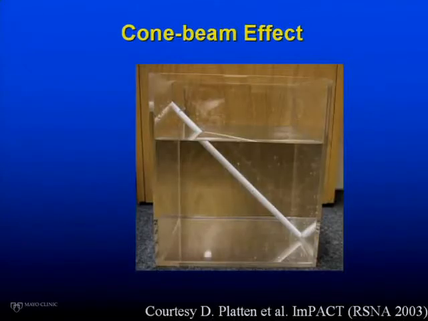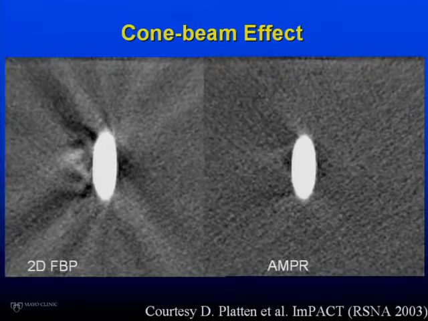And here is one example back from 2003. Here's a Teflon rod placed in a water tank, and scanned on a 16-slice scanner, both in the center position and off-center position. Here are the images reconstructed for the center location.